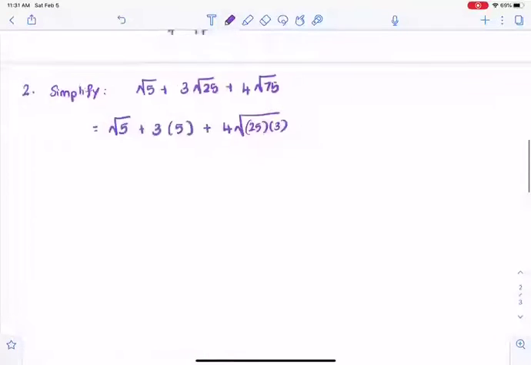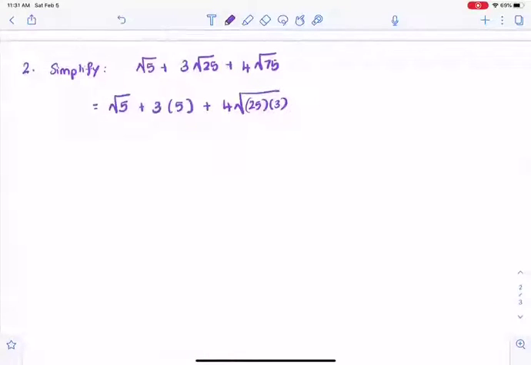In other words, I can split the root as long as I am multiplying or dividing. So square root of 5 plus 4 square root of 25 times square root of 3.